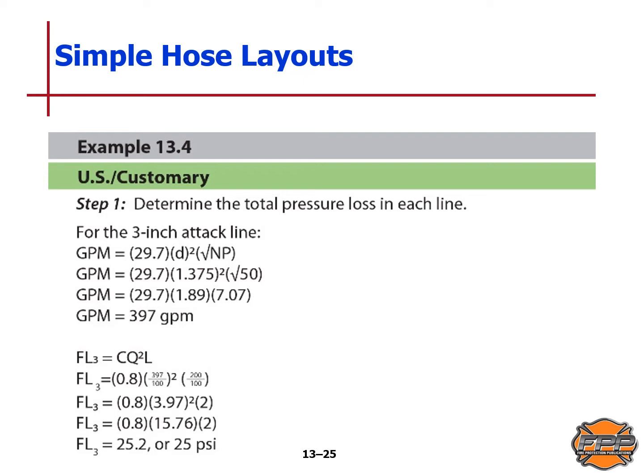So we have 0.8 times 3.97 squared times 2, and when we work out all the math, we have 0.8 times 15.76 times 2. So our friction loss for the 3-inch hose is 25.2, which is 25 psi.